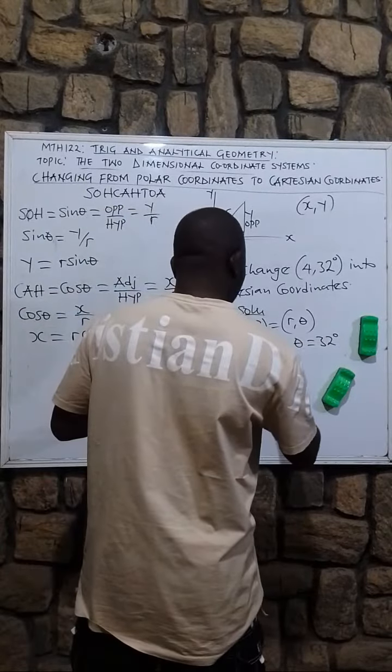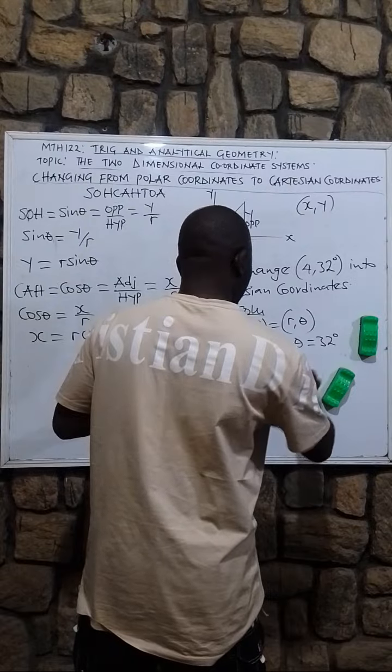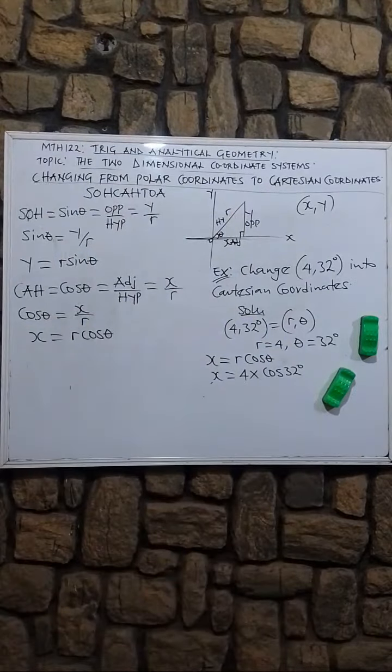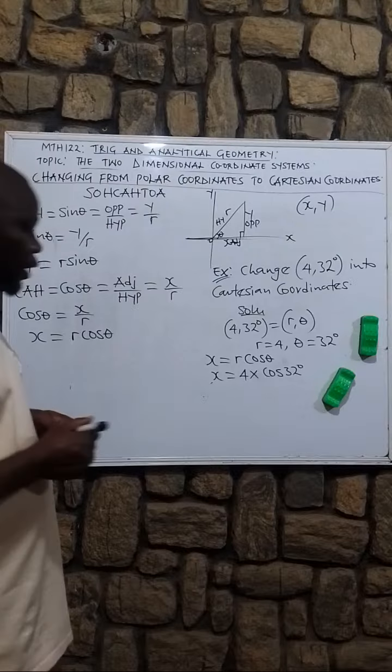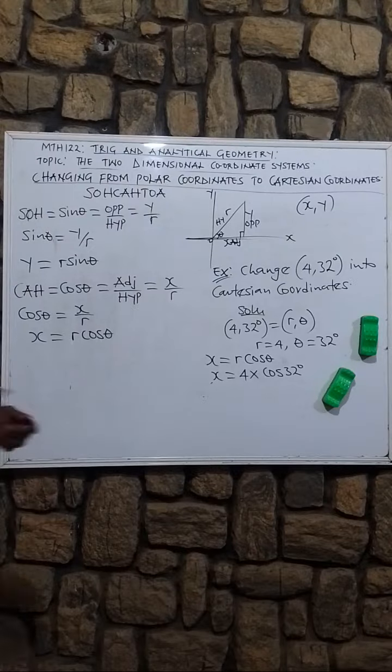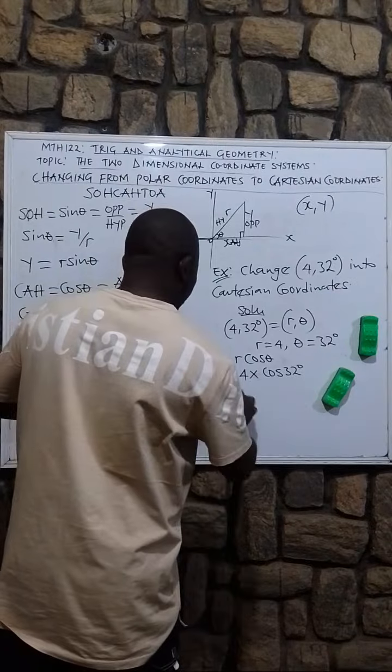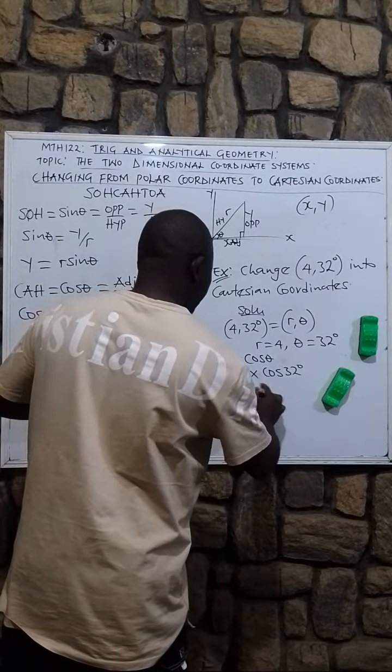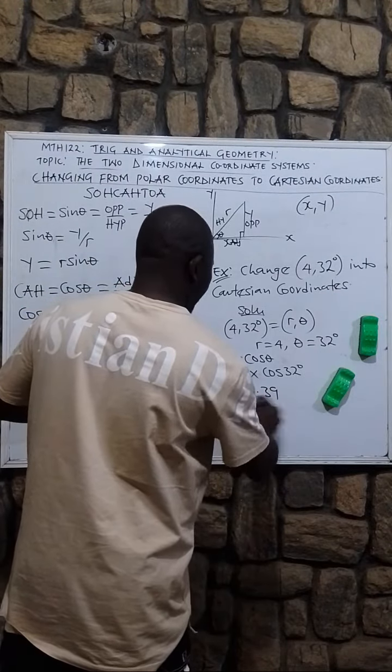So cos 32 degrees. In your calculator, press cos 32 degrees. At the end of the day, you are going to have 3.39. Therefore, x is equal to 3.39.